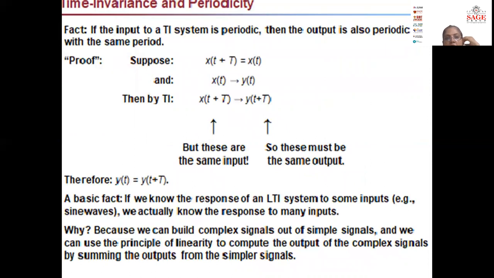Now, when we talk about time invariance, the property which comes along with it is periodicity. We know that a signal is periodic, which means that it repeats after a regular interval of time T. For example, if we take a continuous time signal x(t), after shifting the signal by the period T, x(t) is equal to x(t plus T), so we can say that it is a periodic signal.